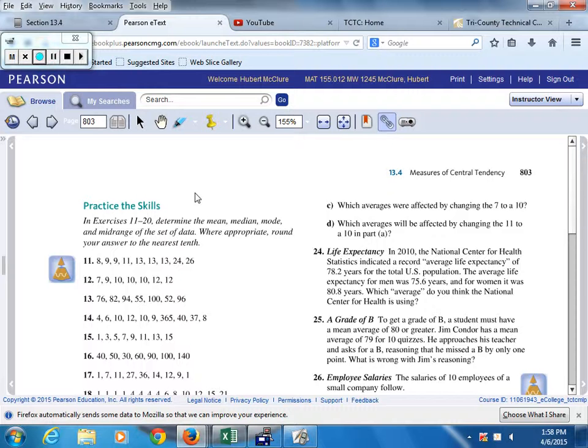Now, of course, with any problem, you want to find your mean, median, mode, range, mid-range, variance, and standard deviation. But when you want to find the quartiles, you just find the median of the median of the median. That's pretty much it. So first of all, you put them in order, which they are.